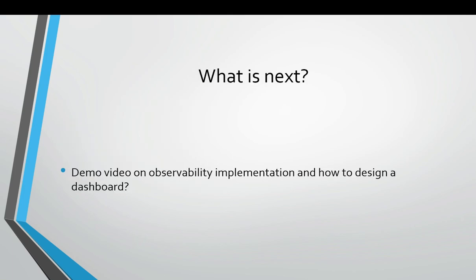So what is next? I will create a demo video on observability implementation, and how to design a dashboard as well. That's fine so far: we have implemented a correlation ID, we have implemented tracing, we have implemented logging, metrics are there. But the question is how to view those metrics and how to create a dashboard.